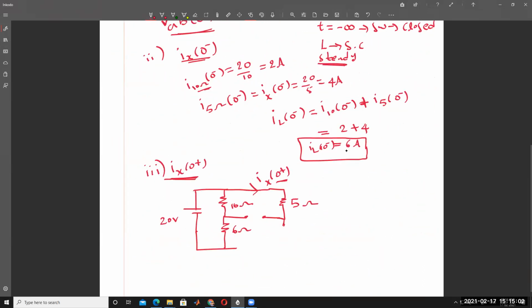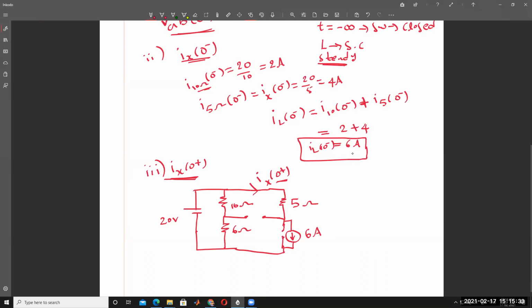But in the previous case, at T is equal to 0 minus, the current flowing through the inductor is 6 amps. That's why it is acting as a source. I already explained this at the start. So it is open circuited, but acting as a source.